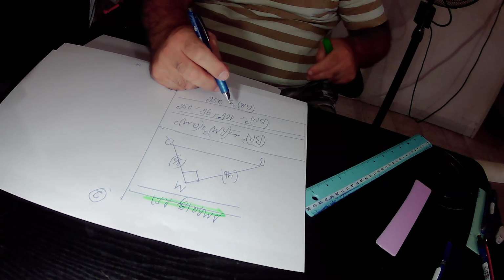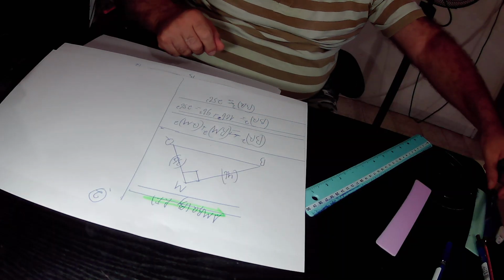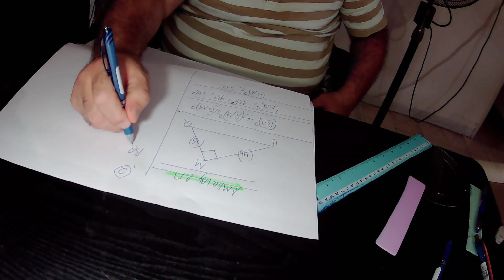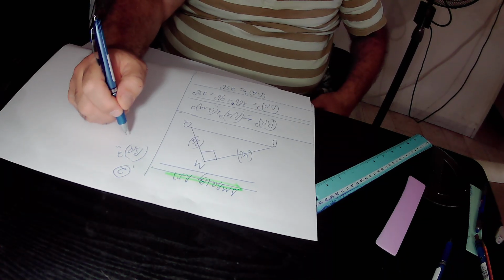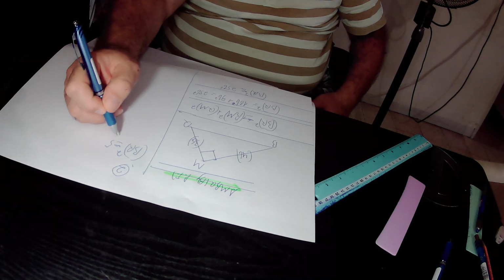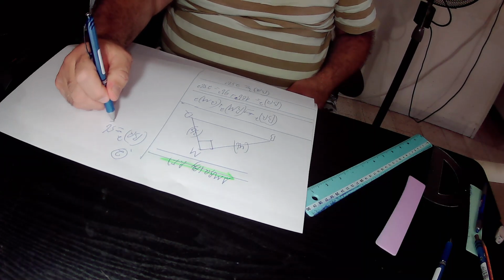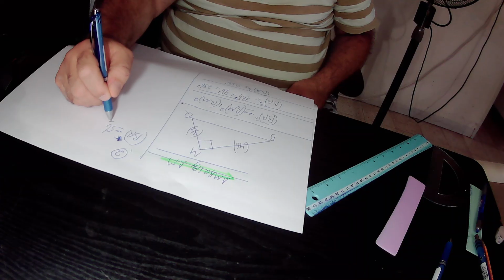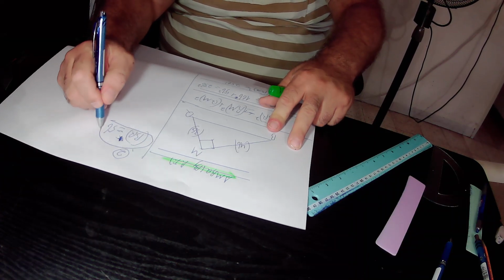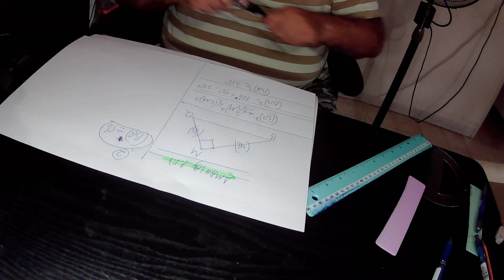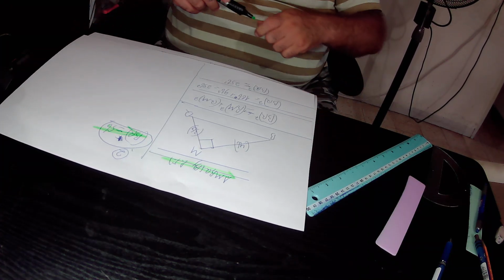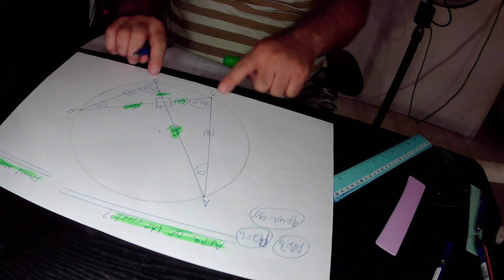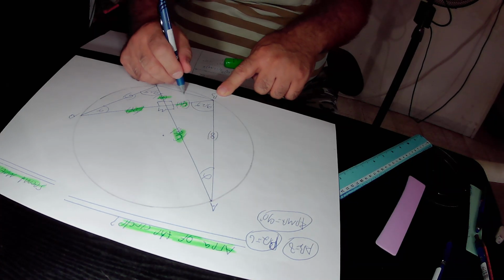Here we take the square root of this equation and we get that the missing side BQ is equal to the square root of 25, that is 5, times the square root of B squared, that is B. So in total we find out that the missing side BQ is equal to 5B units in its length. This is the missing side BQ that equals 5B units in its length.